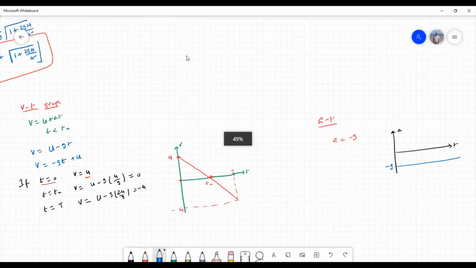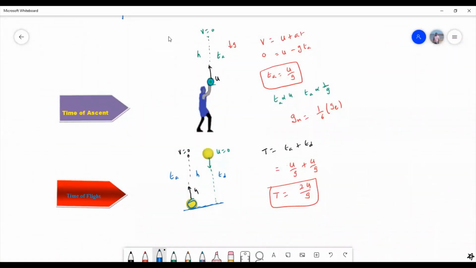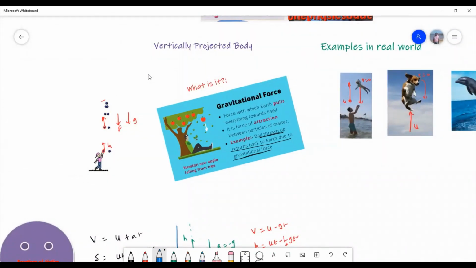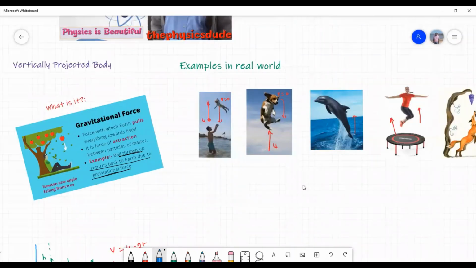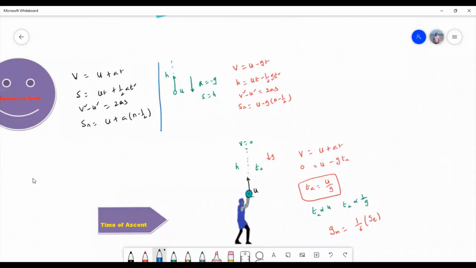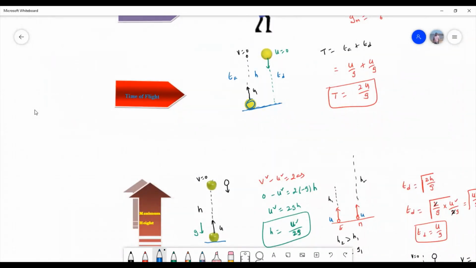So today in this video, I explained what a vertically projected body is, and then what are the conditions required for a body to project up. Then we discussed some real-time examples. Then we discussed the equations of motion, time of ascent, time of flight.